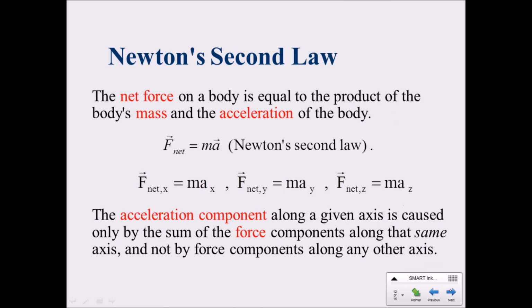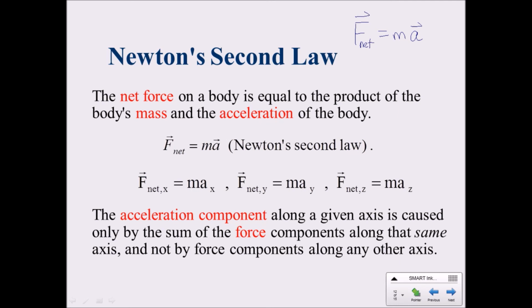Newton's second law is the mathematical one of Newton's laws. Newton's second law says that the net force acting on an object, the net force means the total force acting on an object, equals the mass of the object times the acceleration of the object.